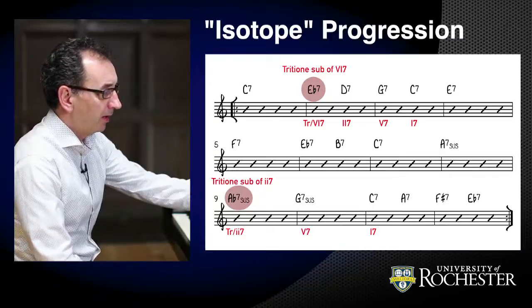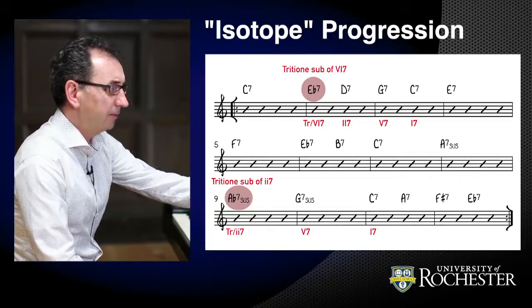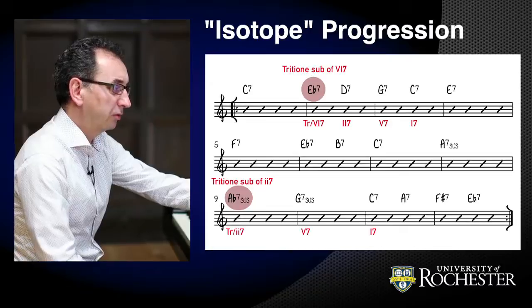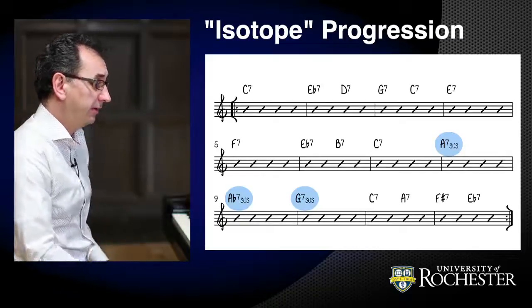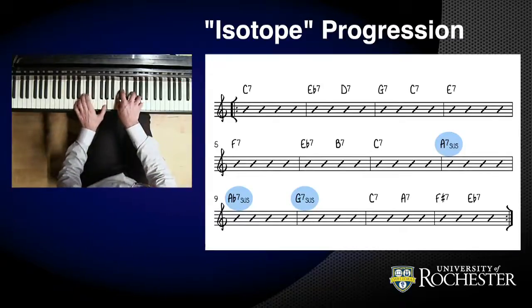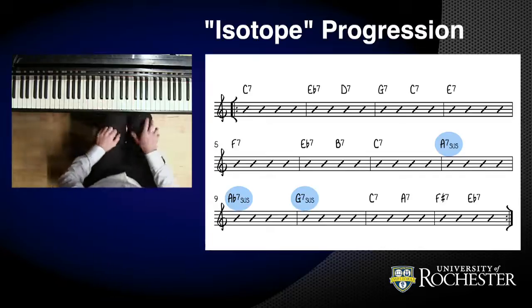And the final thing that I want to point out is the change of chord qualities in measures 8, 9, and 10. Instead of dominant chords, we have suspended chords.